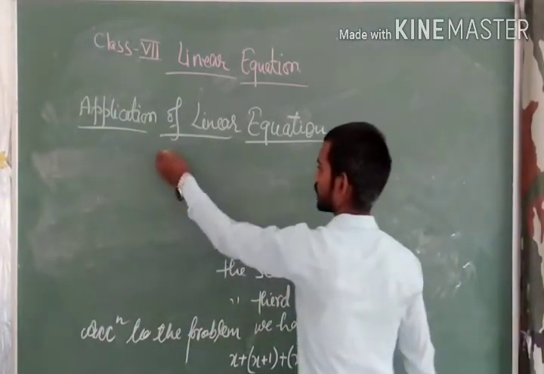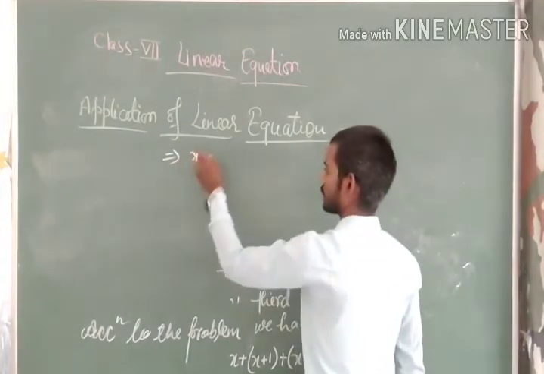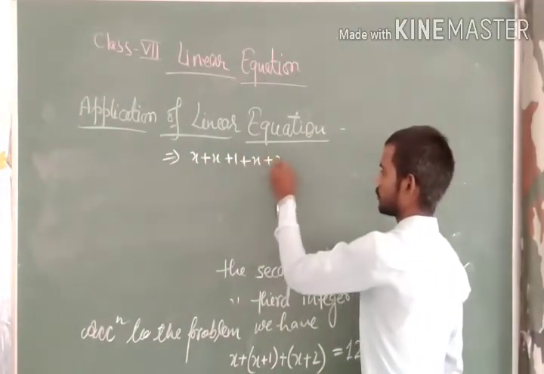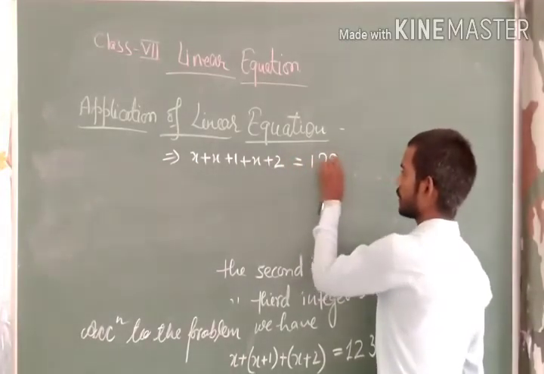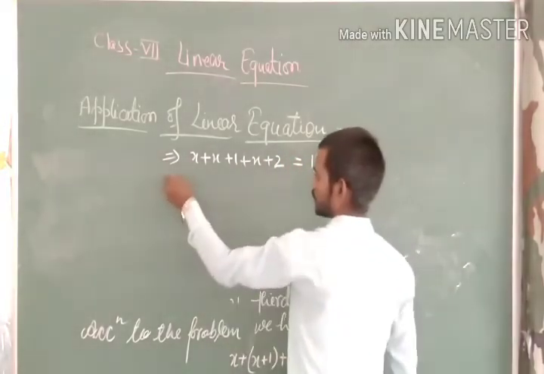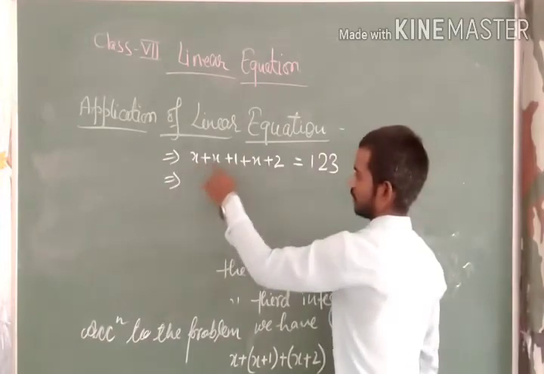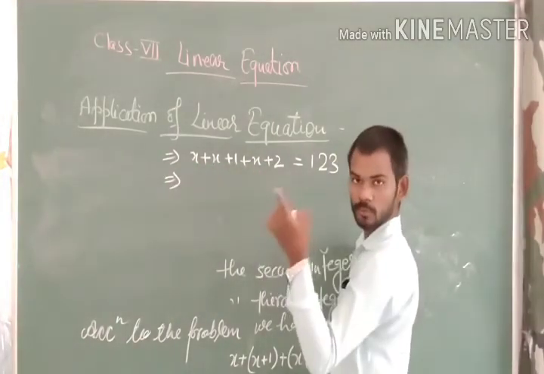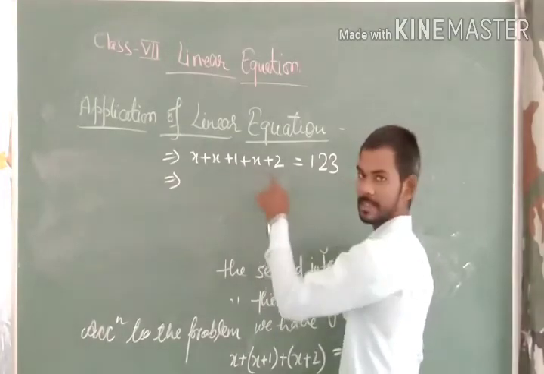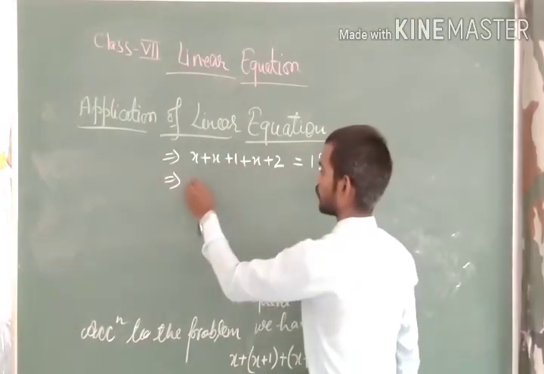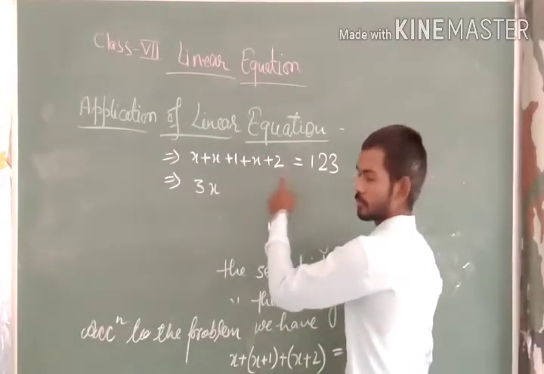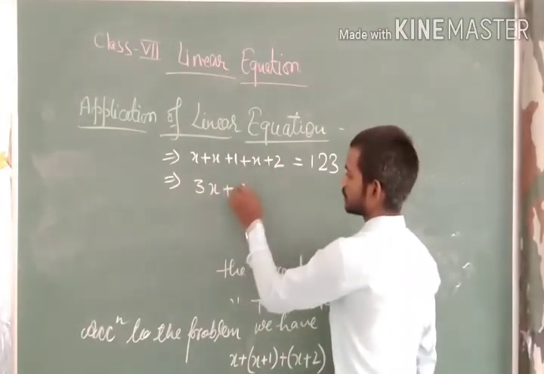We get, this implies x plus 1 plus x plus 2 is equal to 123. And this implies x plus x plus x is 3x, and 1 plus 2 plus 3.